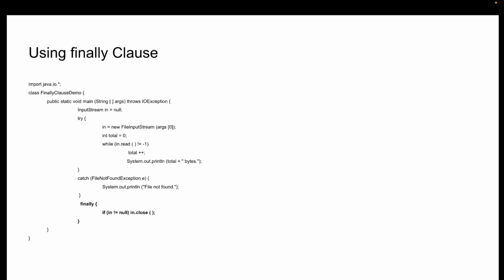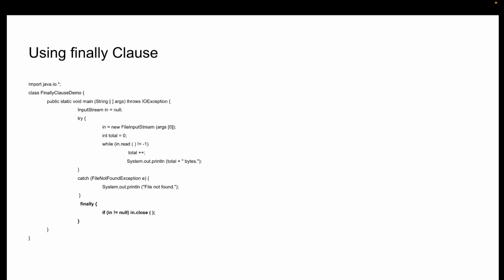If not, then the parent exception class will handle that exception. Also remember that the parent class exception must be placed last. First the child class exception, which is more specific, should be kept, followed by the parent class exception. And finally is generally used for releasing the resources from your Java application.